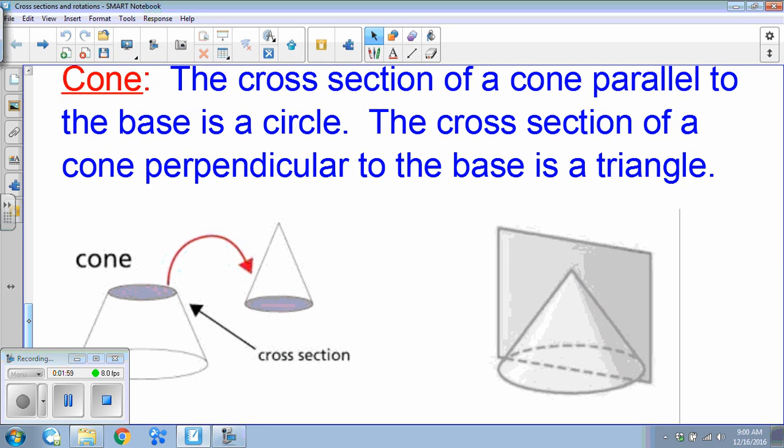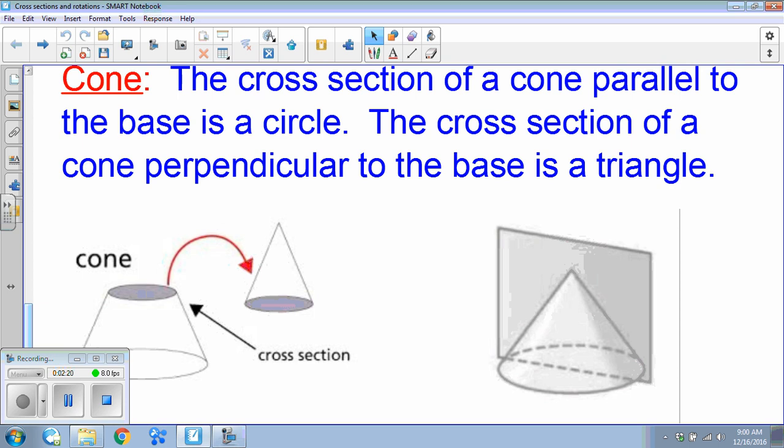Now, a cone. If you slice a cone parallel to the base, it's going to make a circle. But if you slice it through the top, through the pointy part on top, it's going to form a triangle. That cross section is going to form a triangle. It's like if I slice it in half like this, what face do I see? I'll see a triangle.